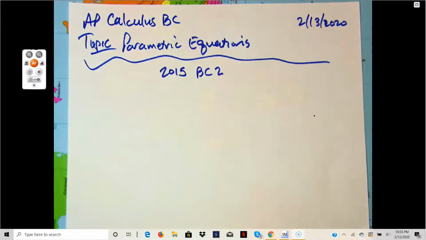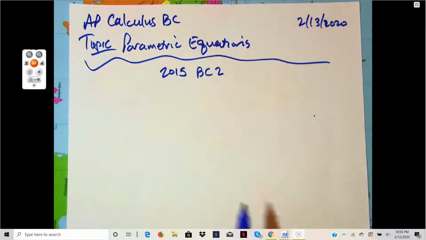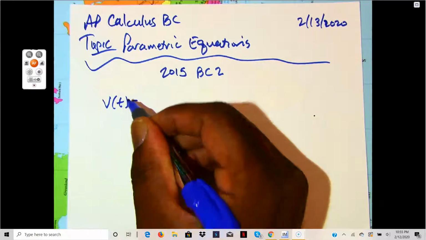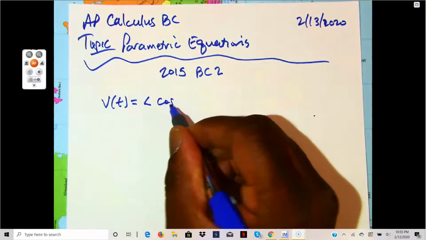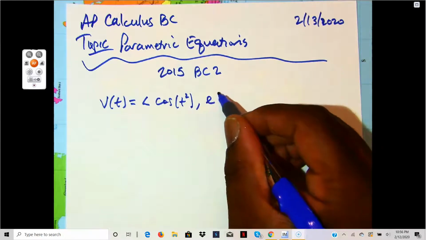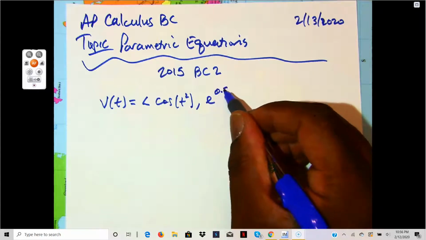Okay. So the particulars of this FRQ says at time t greater than or equal to 0, a particle is moving along a curve in the xy plane and has position x(t), y(t). You are given the velocity vector v(t) is equal to cosine of t squared and e to the 0.5t.